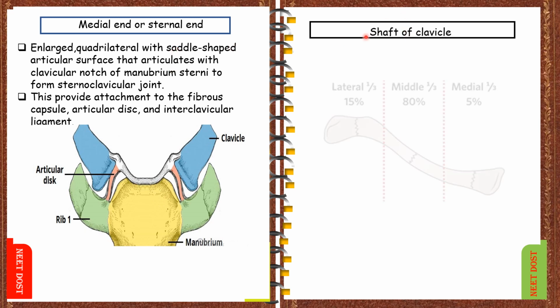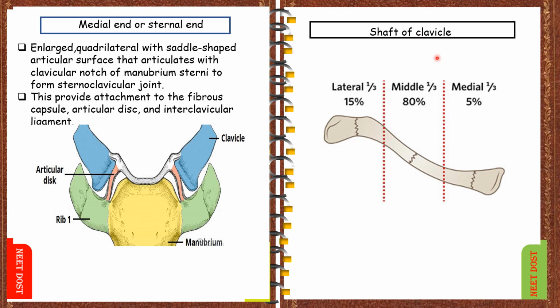Now coming to the shaft of clavicle. Clavicle is curved in shape, and it is divided into two parts, which are the medial 2/3 and the lateral 1/3. The lateral 1/3 is concave forward in shape, and the medial 2/3 is convex forward in shape.